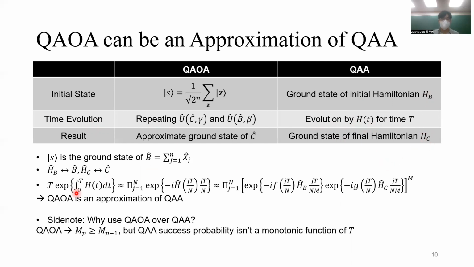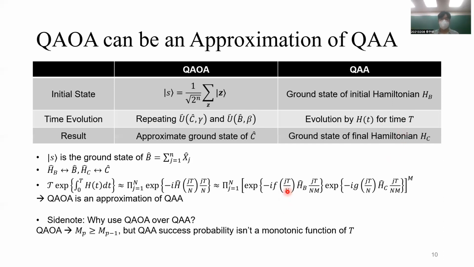Then we can write it and approximate it into this form. And this form is simply each of these Hamiltonians acting one by one, in succession, as rotations.